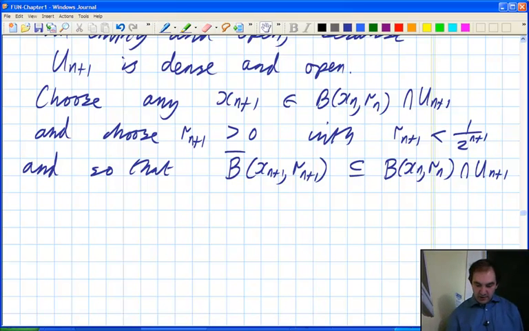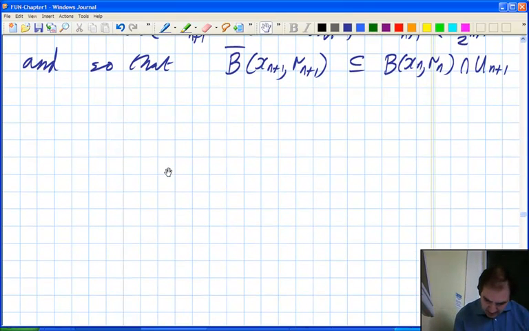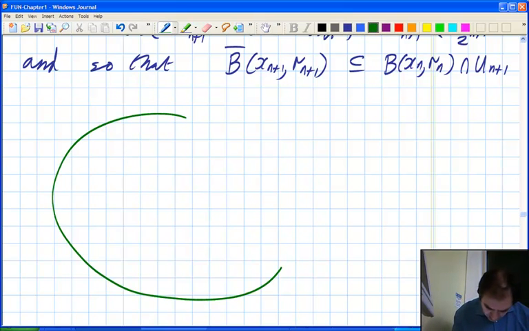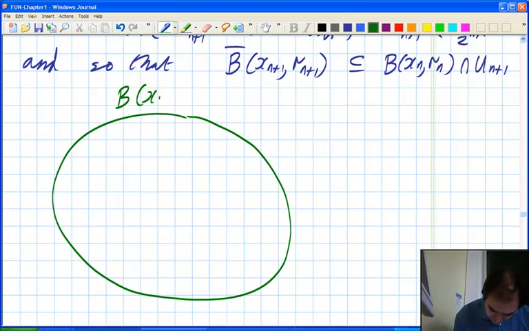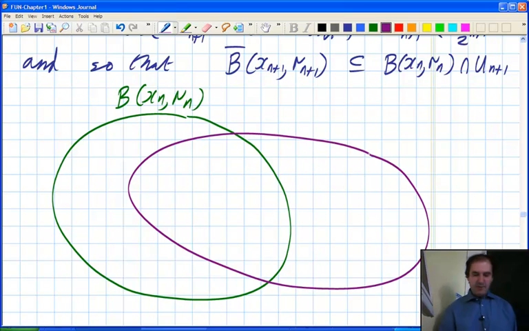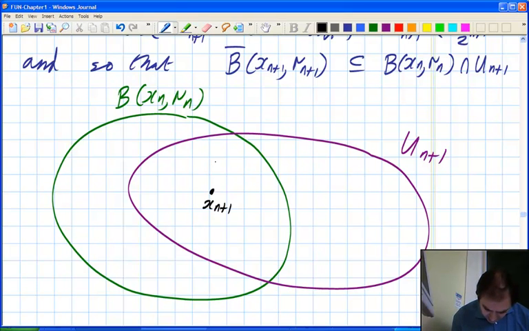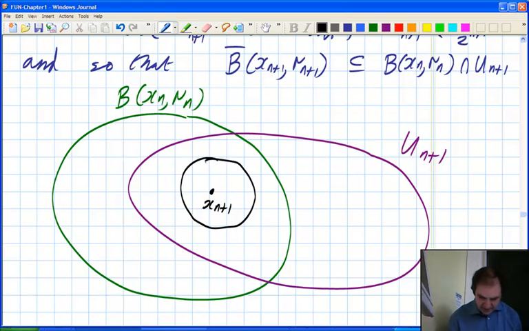So that's a very similar diagram to before. So this time it looks a bit like this. Here's your open ball, centred on xn, radius Rn. I won't bother putting xn and Rn in. Here's Un plus 1. And now, again, you pick an xn plus 1 in here, and you choose a nice small radius so that the closed ball centred on xn plus 1, radius Rn plus 1 is in there.